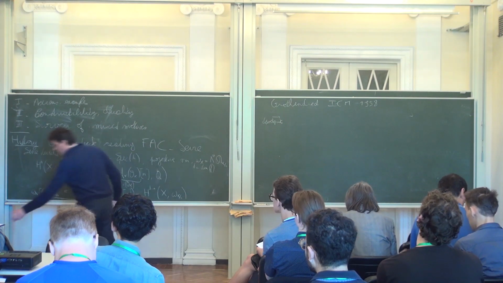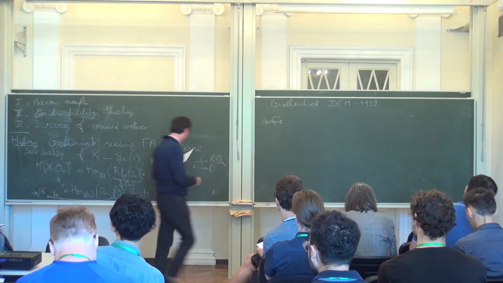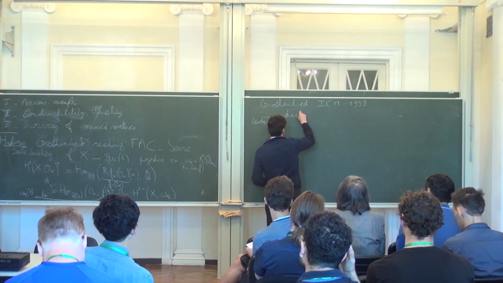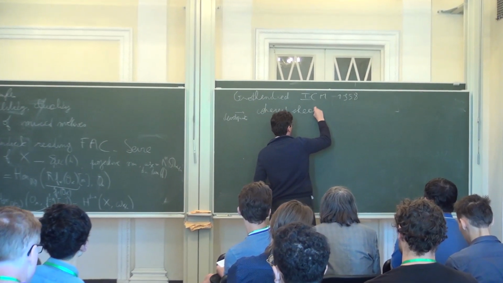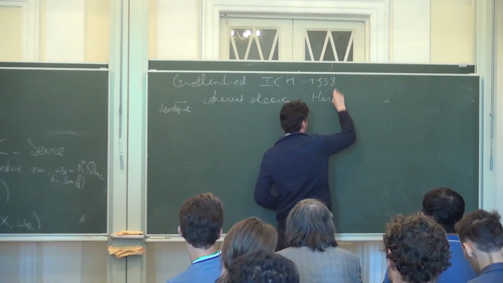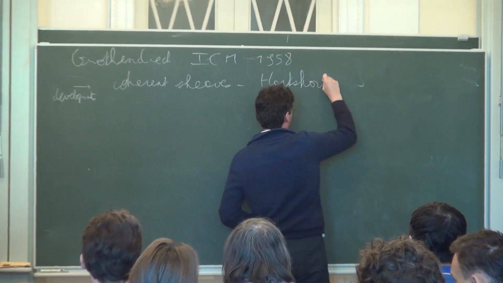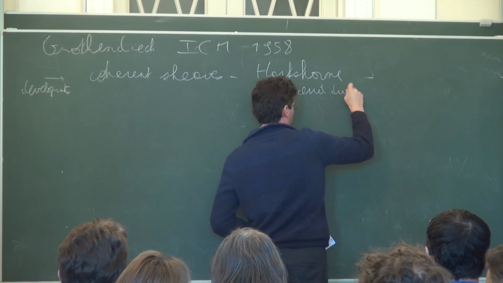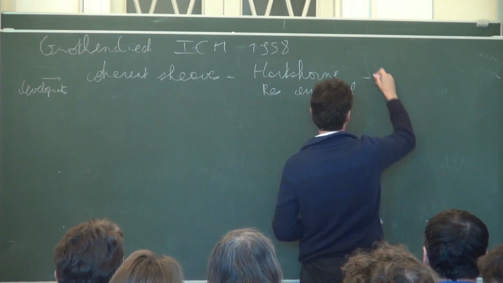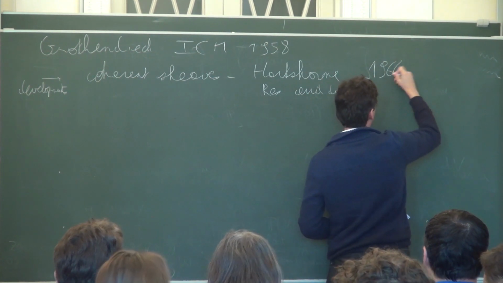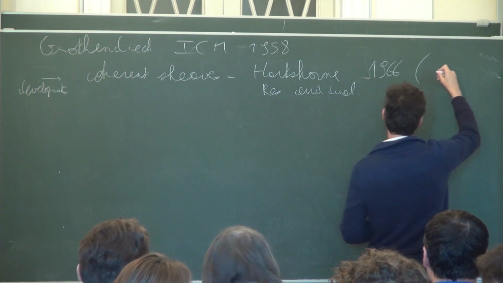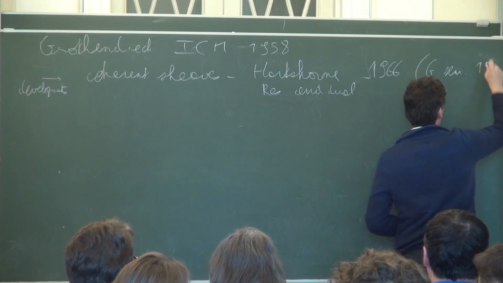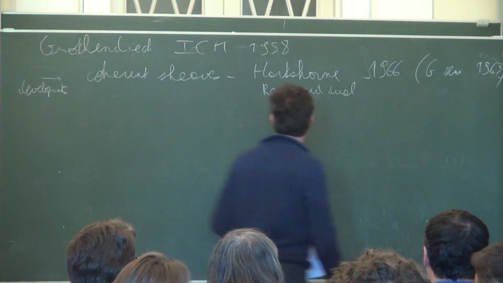Let's talk of the early development by Grothendieck. First it starts with coherent sheaves. It was written down by Hartshorne in the book Residues and Duality, published in 1966, and Hartshorne states that this comes from Grothendieck's seminar in 1963 in the US.